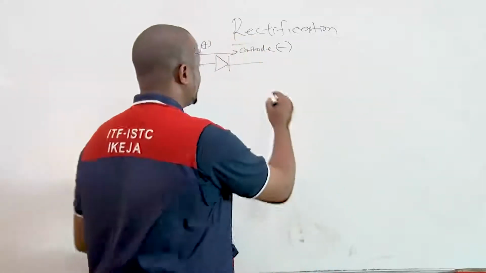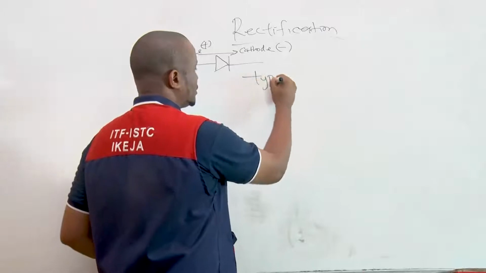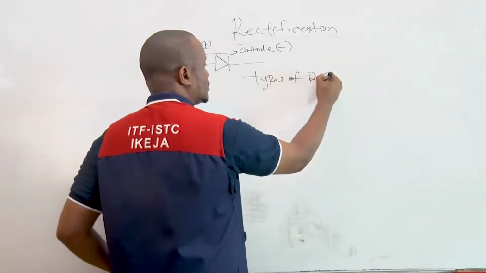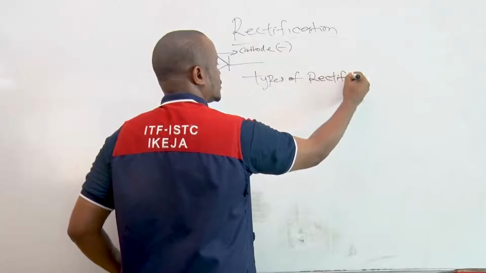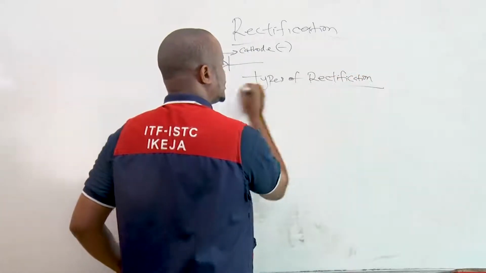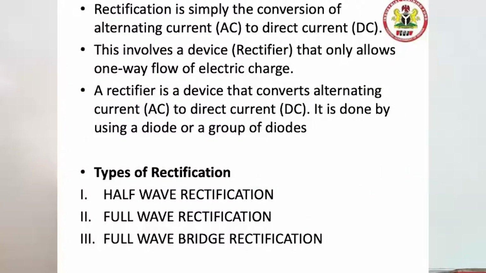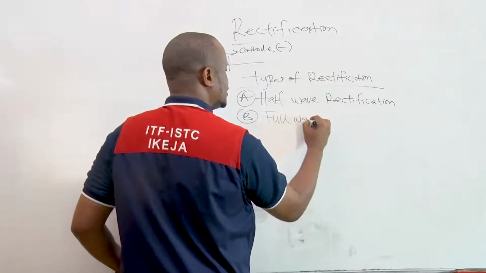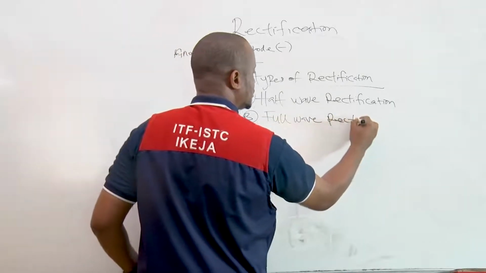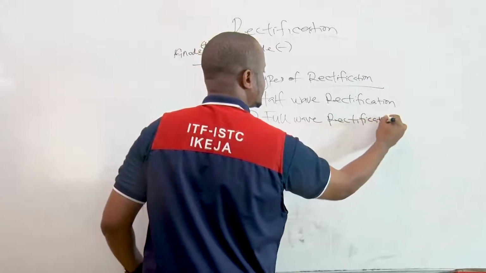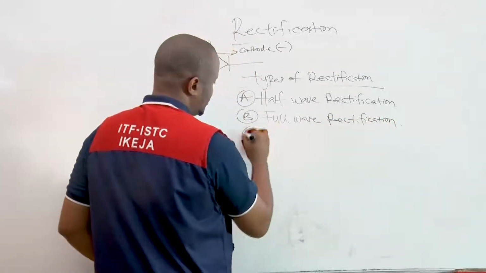Now, there are different types of rectification. A rectification could be either a half-wave rectification, or a full-wave rectification. These are different methods.